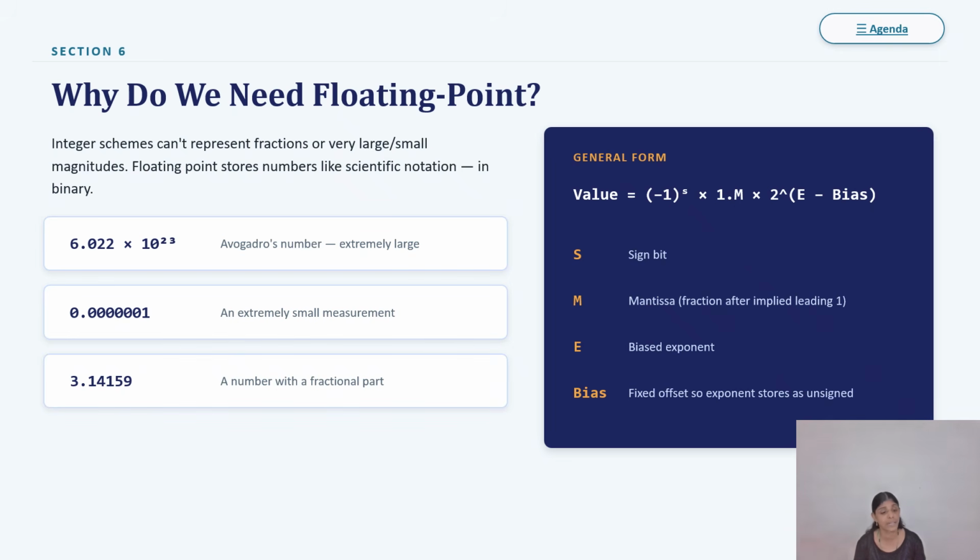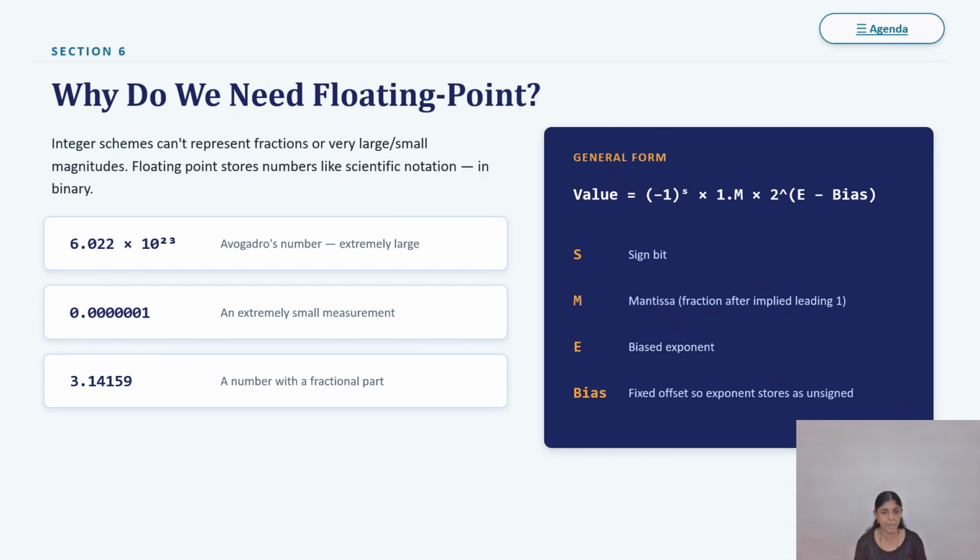If you are considering computers, or normal data everywhere, it is a combination of the integer part as well as the fractional part. That fractional part is the floating point. If you consider the integer scheme, there won't be any fractions or very large or very small magnitudes.